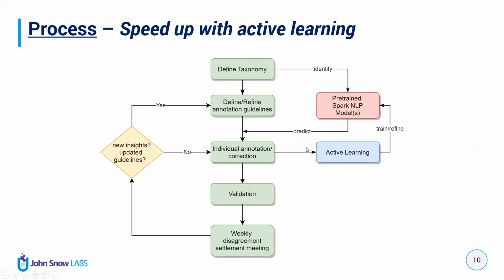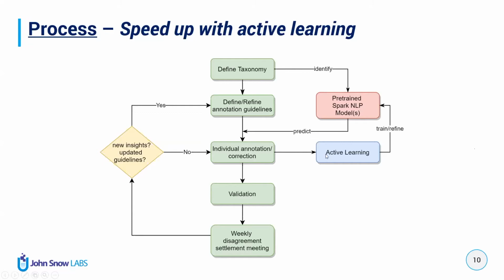And another way of doing it is through active learning. The active learning process will actually take the data which is annotated by the annotators, and use those new annotations, those new examples, in order to refine the pre-trained models or to build new models which will be later used in order to create predictions for the rest of the documents which were not seen so far.